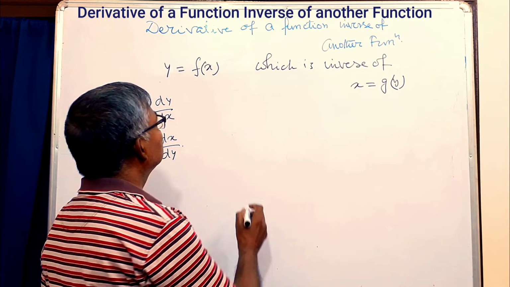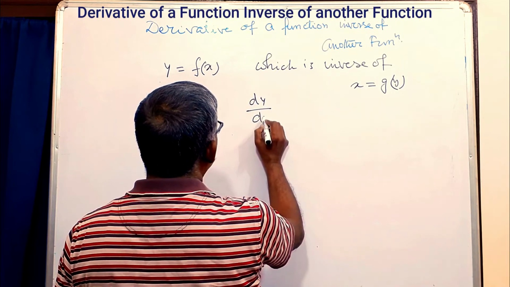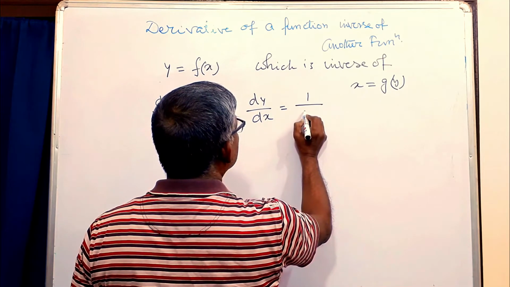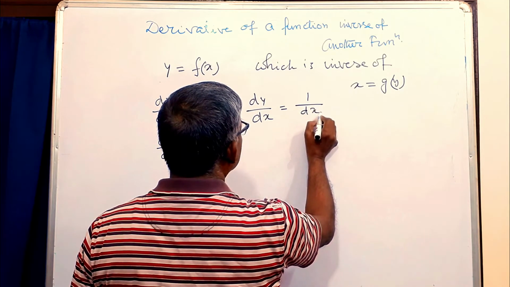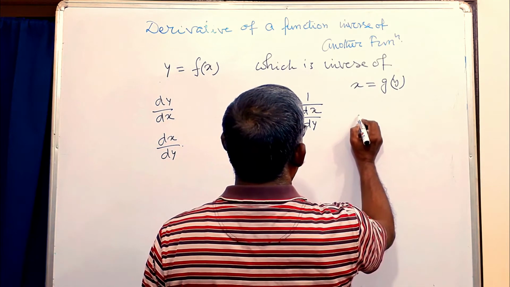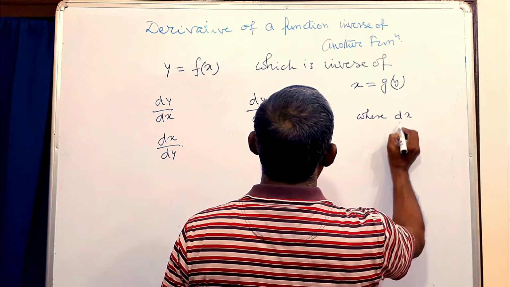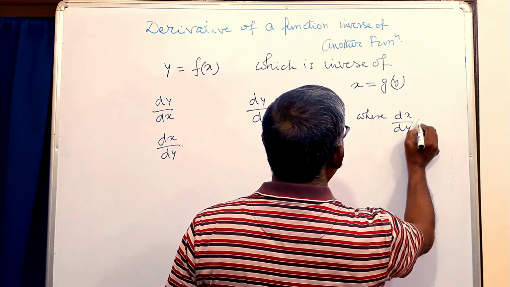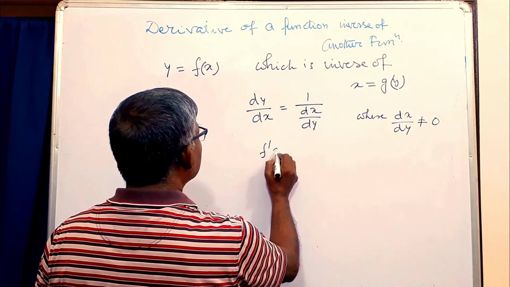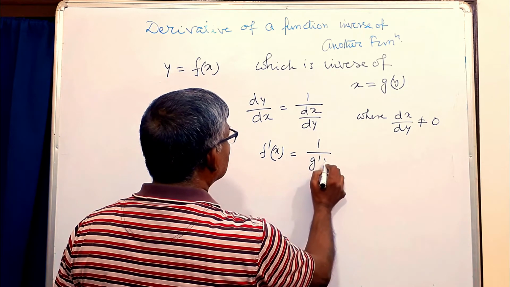Here we can write dy/dx equals 1 by dx/dy, where dx/dy not equals to 0. Otherwise we can write f dash x equals 1 by g dash y.